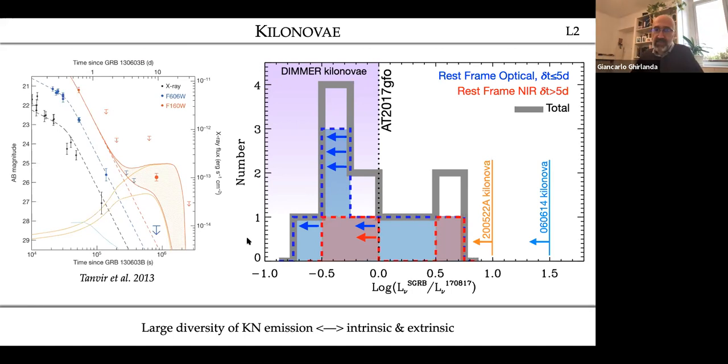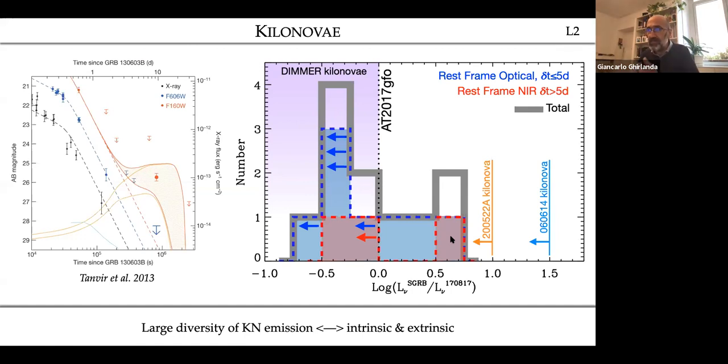So the idea of this plot is to show that there seems to be, in this distribution, quite a wide dispersion of the properties, or at least the luminosities, of putative kilonovae present in a handful of short GRBs with respect to that of 170817.